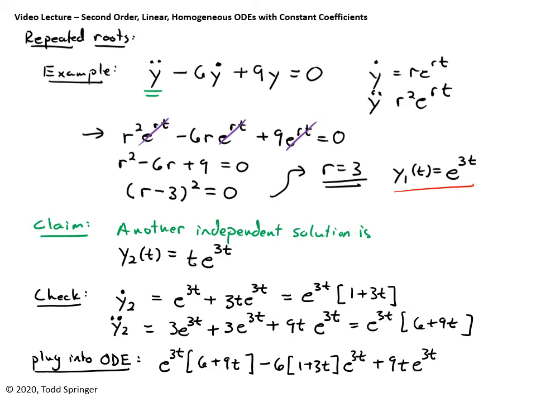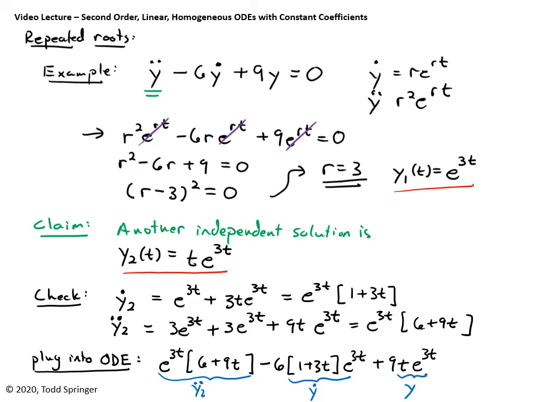So here I took the derivatives. I'm just checking that this one that I claim to you is a solution. So I took the derivative y dot, y double dot, and now I'm plugging them into the ODE. So this here is y2 double dot, minus 6 times y dot, plus 9 times y.